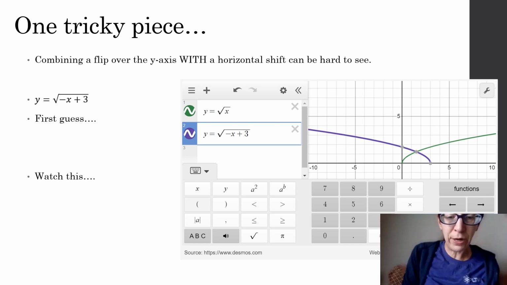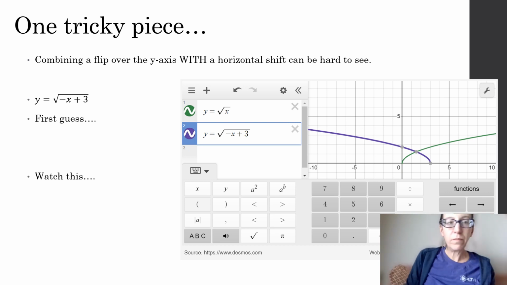So what I'm going to do is graph it. And I'm going to graph that starting one. Okay, and it's like masked a little bit by this here. Okay, so I can see that it's flipped over the y-axis and it is down 3. Now that's the graph that we're going to start with.